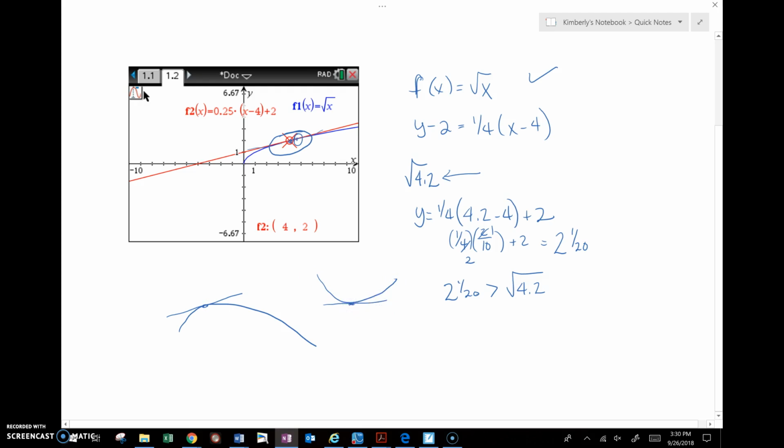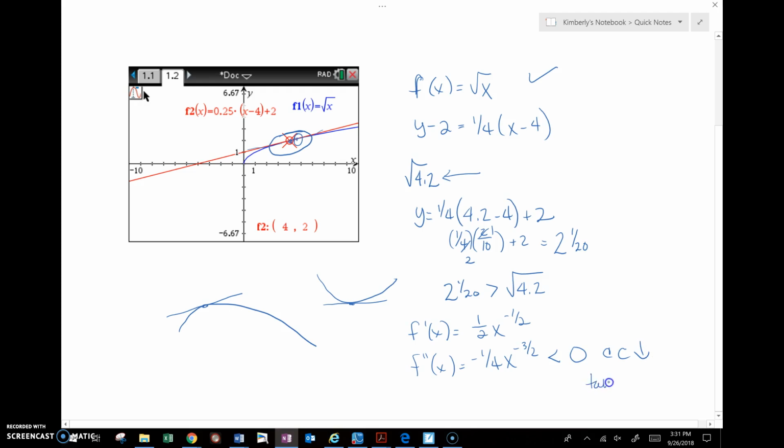So suffice it to say, we may need a second derivative here. The first derivative, which I didn't show you, is 1/2 x to the negative 1/2. The second derivative is negative 1/4 x to the negative 3/2. And for all values of x in the domain, which would be greater than 0, your second derivative is always going to be less than 0, concave down.